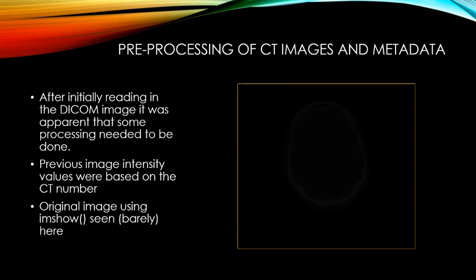So this is initially what we were looking at when we read the DICOM images. As you can probably not see on the right there, it's a very dark image, and we were initially wondering what was going on and what we were doing wrong with the data.